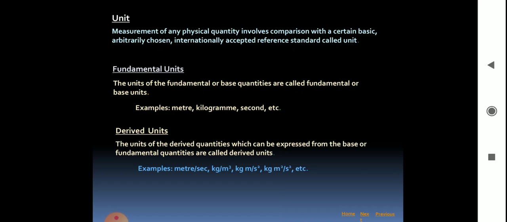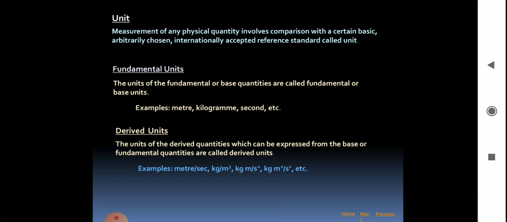Now here we have a few examples like meter, kilogram, second, etc. So these are all fundamental units. Now the second type is derived units. The units of the derived quantities which can be expressed from the base or fundamental quantities are called derived units.